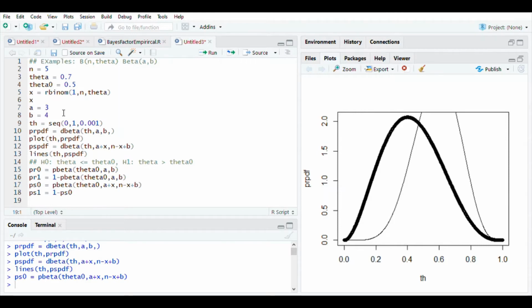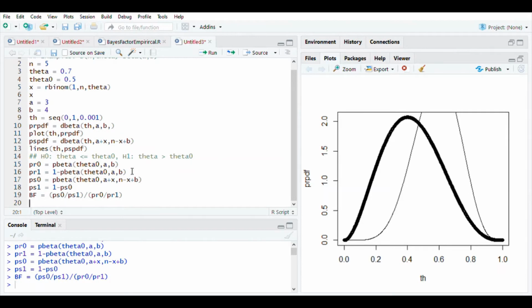Okay, so now the Bayes factor will be PS0 upon PS1, all divided by PR0 upon PR1. So now let us run them. Let us look at the Bayes factor.